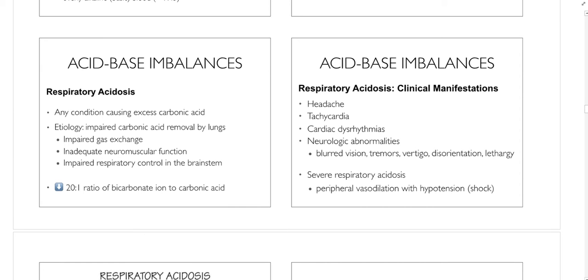Some of the clinical manifestations that we're going to have are a headache, tachycardia, and cardiac dysrhythmias, because we're potentially impacting things like potassium with this acidosis. An acidotic reaction is going to shuttle potassium out of the cells and into the main environment, making the resting potential of cells more hyperexcitable.